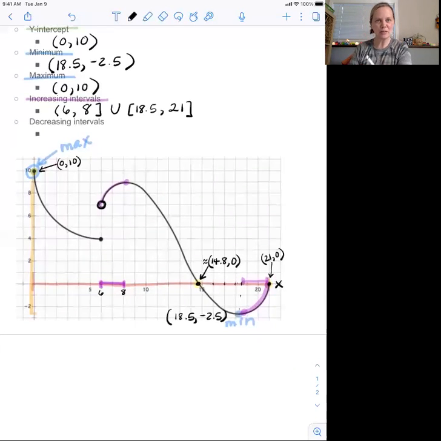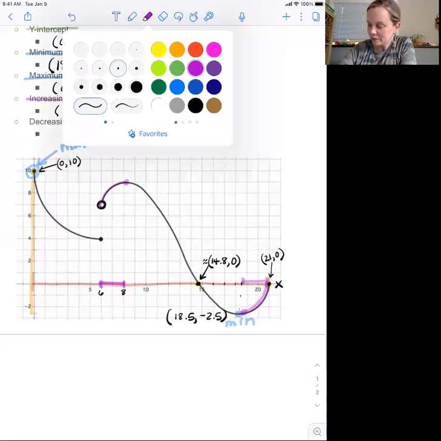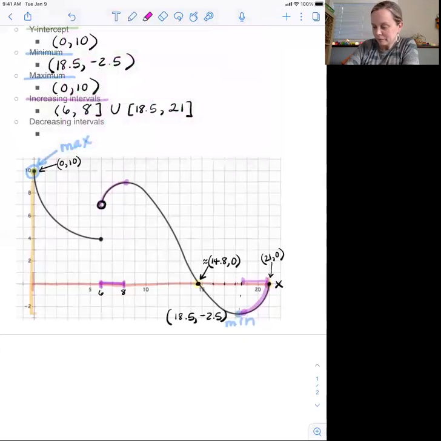Okay, one last one, and that's the decreasing interval. So last color here, we'll do pink. All right, so our function is decreasing. Okay. Looks like we're starting here and we're going down the slope until we stop here.